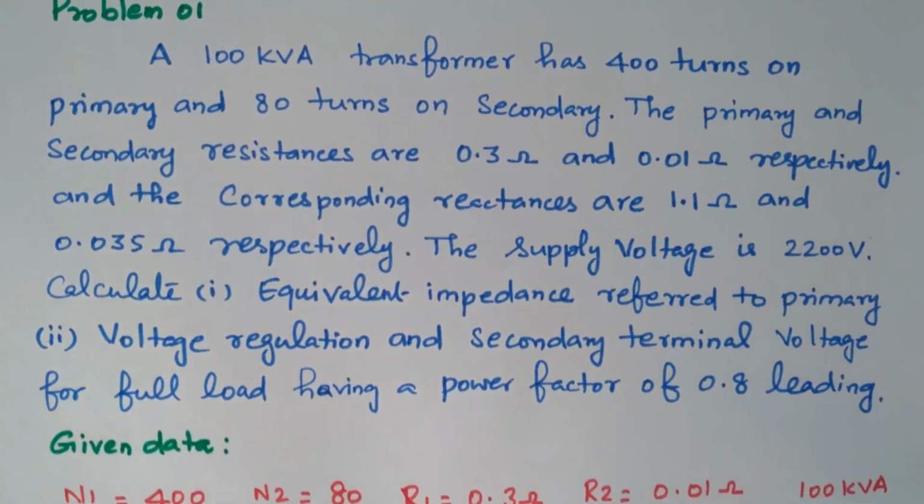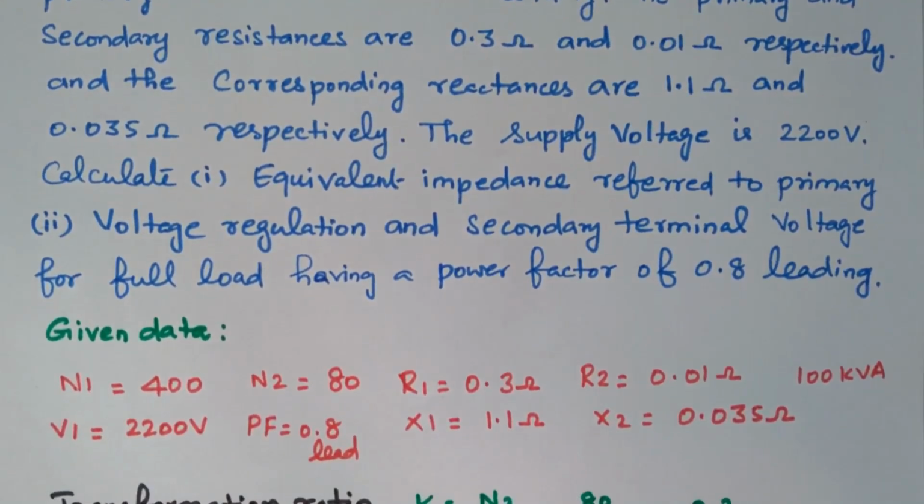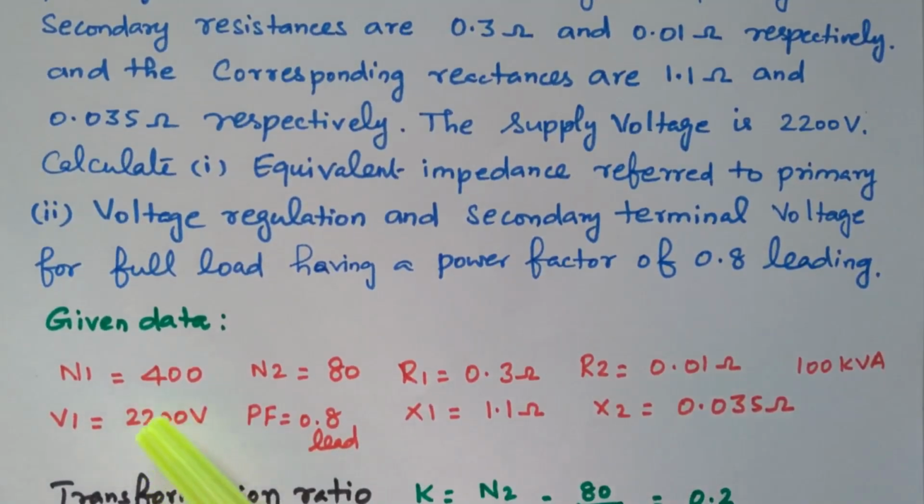Now we will see the given data. N1, the number of turns in the primary, is 400, and N2, the number of turns in the secondary, is 80. R1, the primary resistance, is 0.3 ohm, the secondary resistance is 0.01 ohm, and the rating is 100 kVA. V1 is 2200 volts, the supply voltage applied to the primary, and the power factor is 0.8 leading.